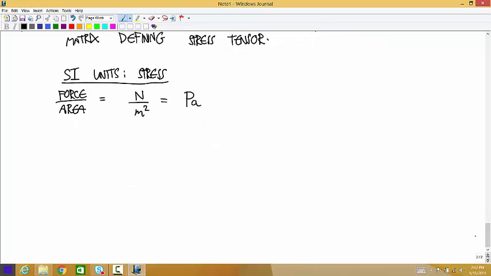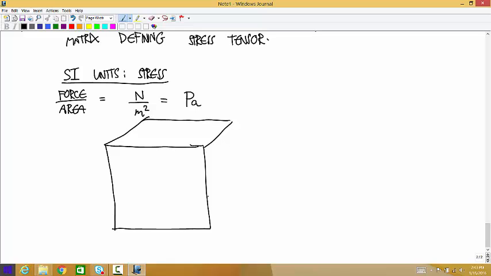And here's the final definition of the stress tensor. Okay, so there's the stress element. Those faces correspond to the directions of the coordinate axes.